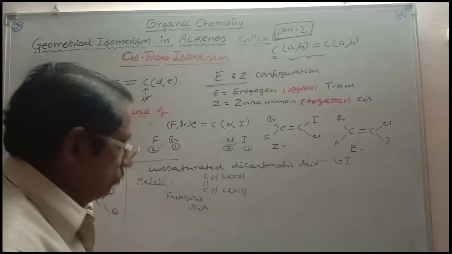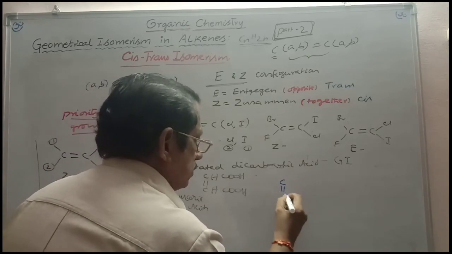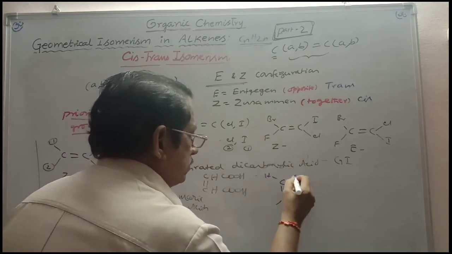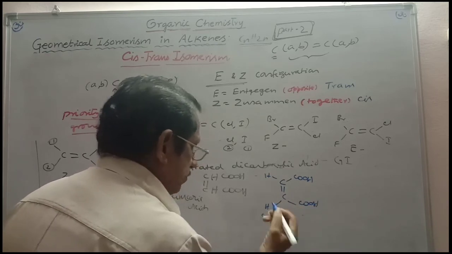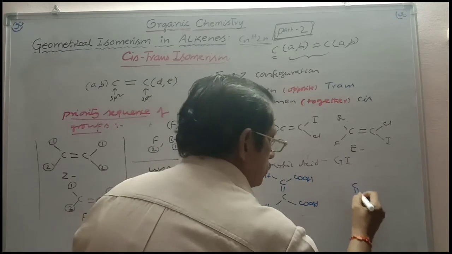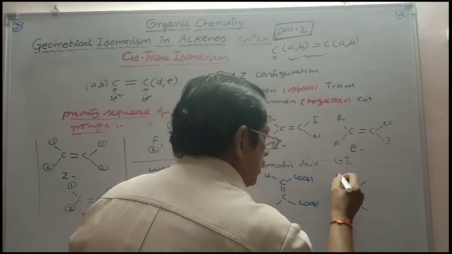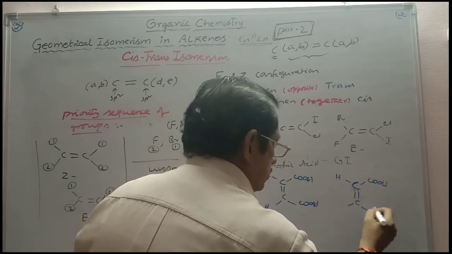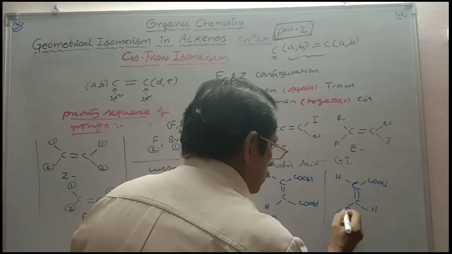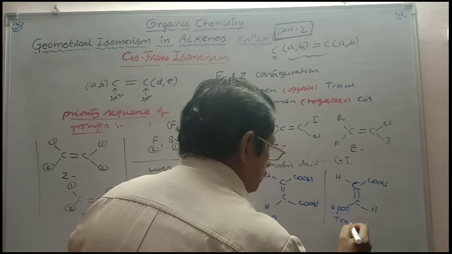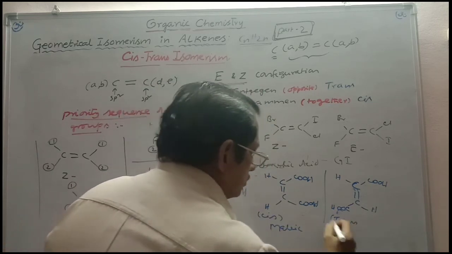Here we can write the acids: C double bond C, H, COOH, H, COOH. This is the cis isomer. And you can take the two COOH groups on opposite sides: C double bond C, H, COOH, H, COOH. This is trans. Cis is called maleic acid, trans is called fumaric acid.